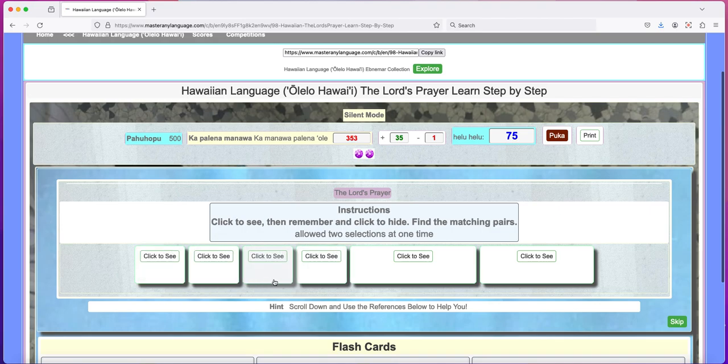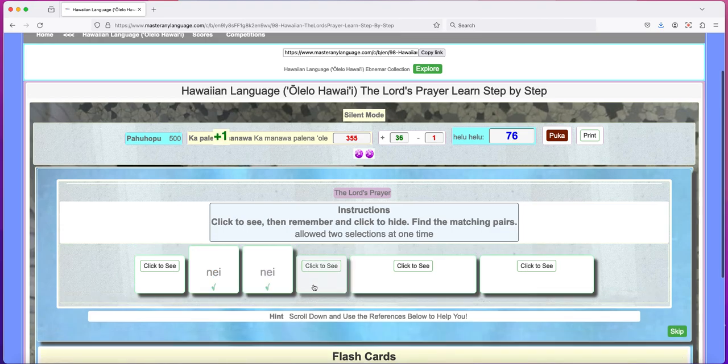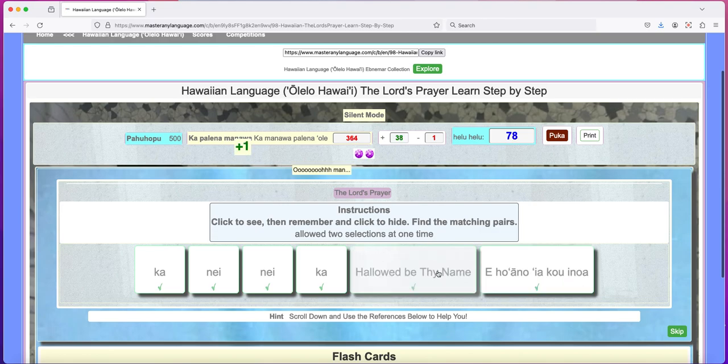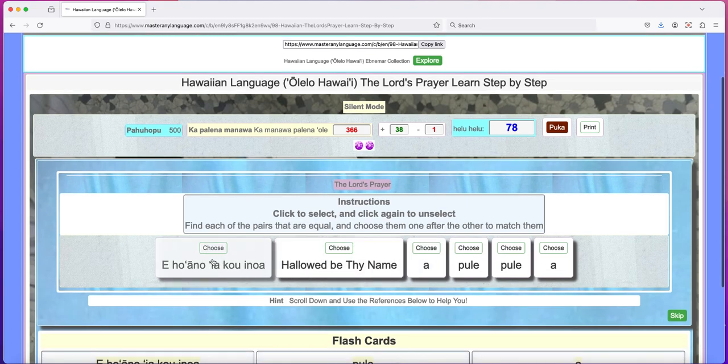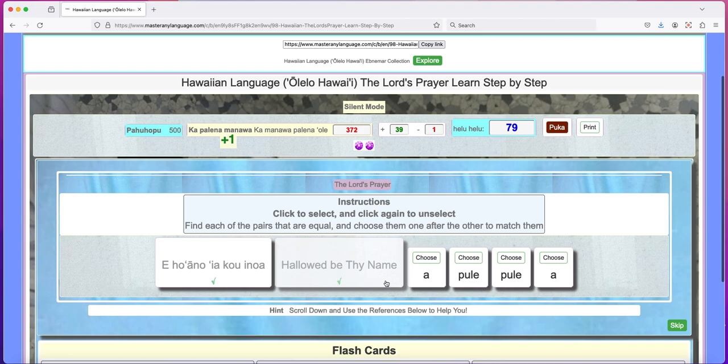Ka. Nei. This is e ho'ano ya ko inoa. E ho'ano ya ko inoa. Pule.